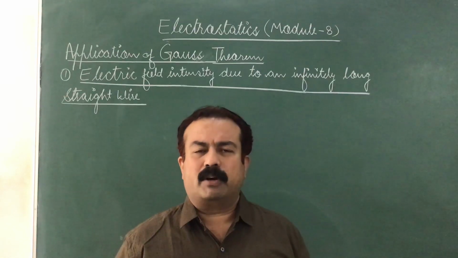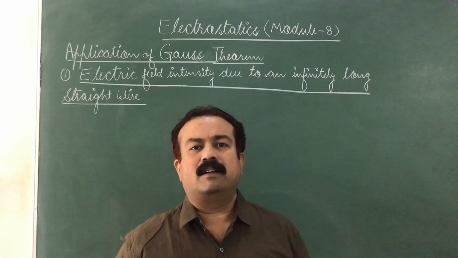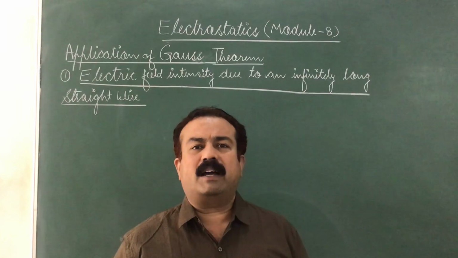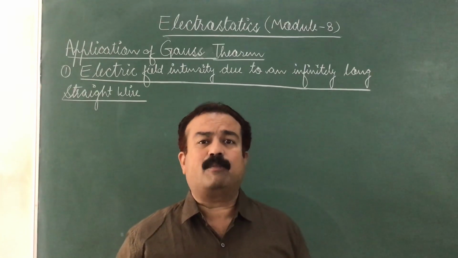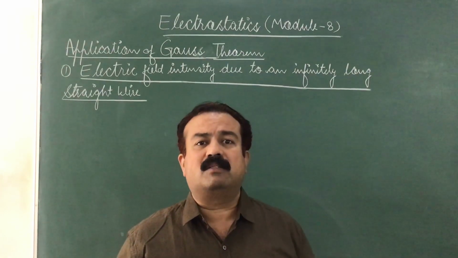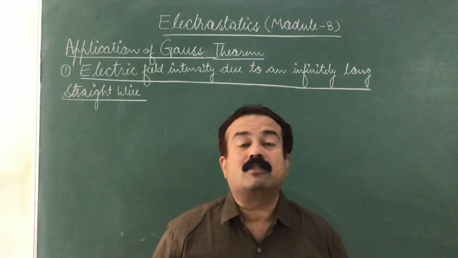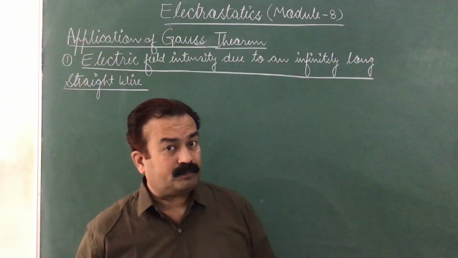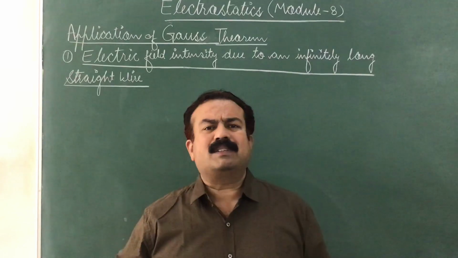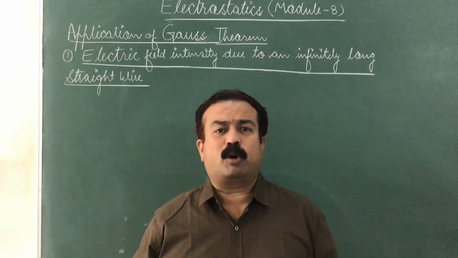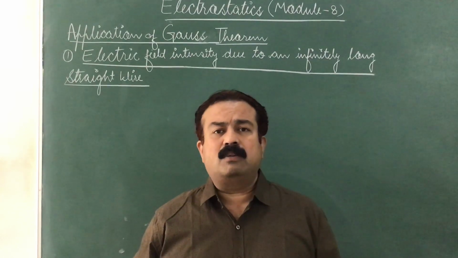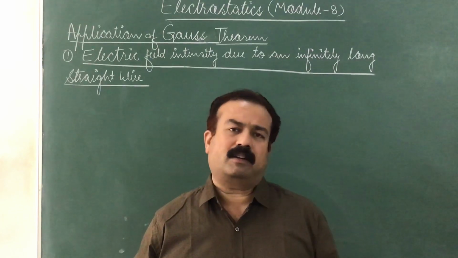In our previous module, I already told you that whenever we want to apply Gauss theorem, firstly we have to consider a Gaussian surface. What is the Gaussian surface? I am just reminding you again. Gaussian surface is the symmetrical shape closed boundary around any charged particle.